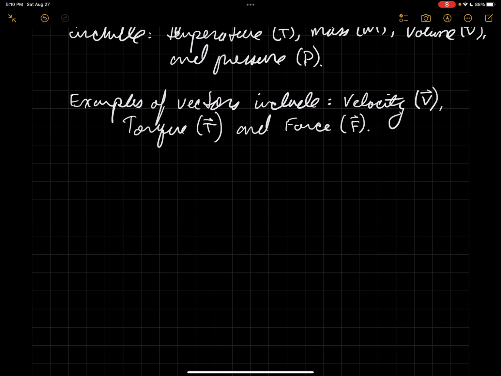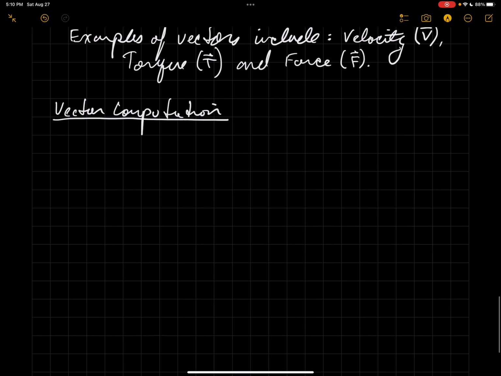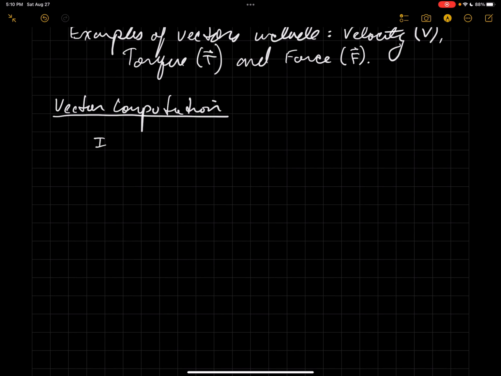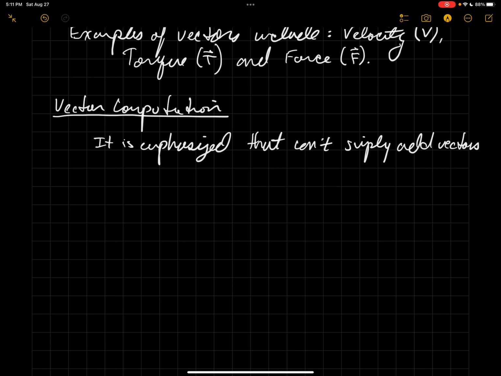So discussing vector computation, we need to first emphasize that you can't simply add vectors in the similar way that one would add scalars.